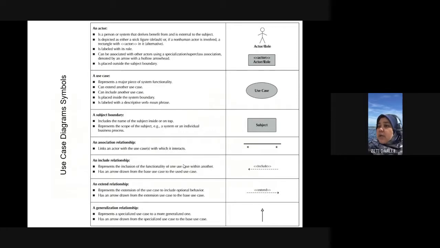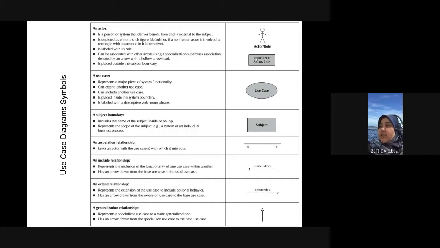So now dalam use cases, dalam style UML dia ada detail sikit lah. Dia mana ada actor yang di-encapsulate dalam yang diikat dengan arrow ni. So kita tengok the first symbol, the first notation, actor.